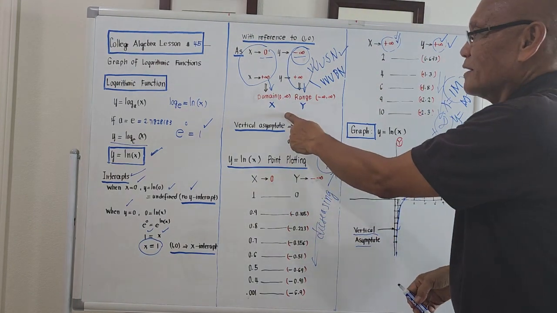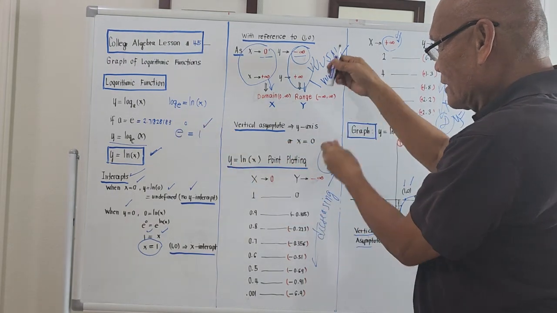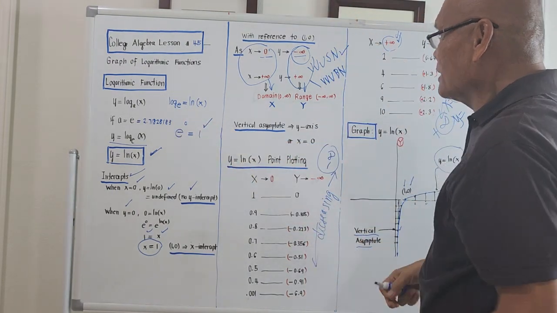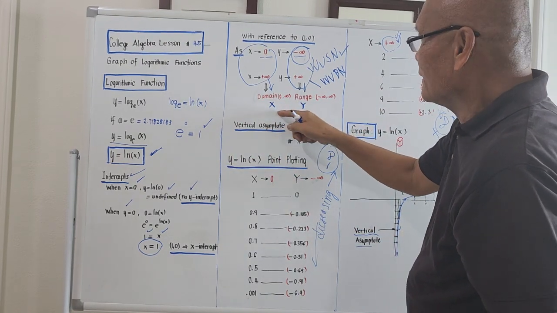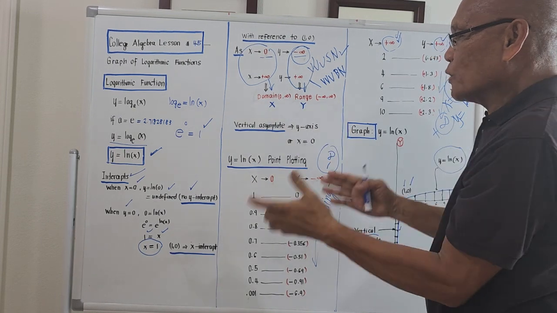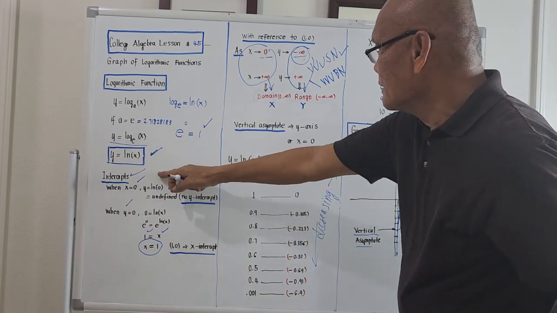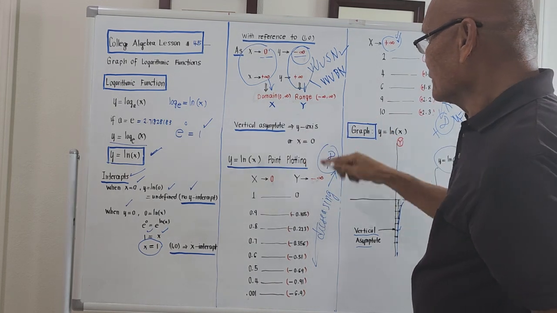For the domain, it is going to the left or to the right. For the range, does it go up or does it go down? So when we see domain, it refers to the abscissa, and for the range, it refers to the ordinate. So at least we now know what are intercepts, domain, range, and vertical asymptote.